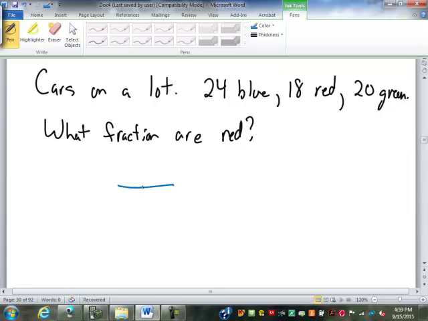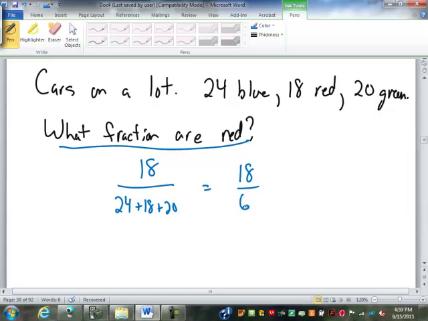So in our fraction, what's going to go on top? We're focusing on the reds. That's the 18 that are red. What's going to go on bottom? We have to add them all up. Very good. So it's going to be 18 over 62. Now what? Reduce them.